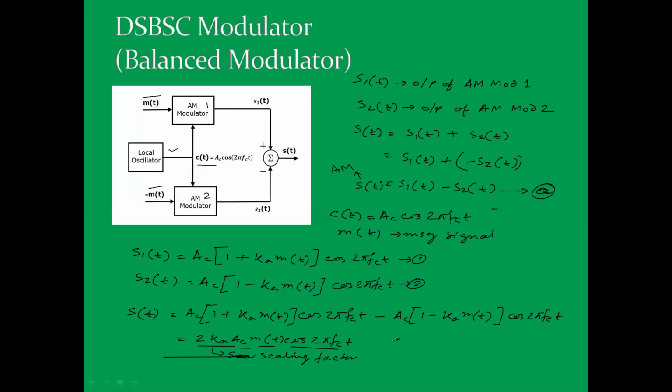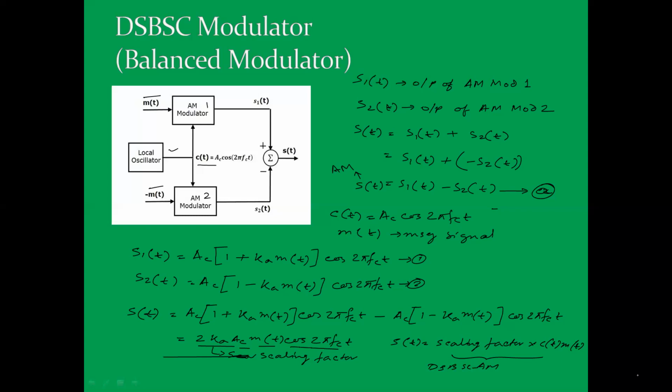So I can write S of T equal to the scaling factor multiplied with C of T and M of T, which is my desired AM DSB SC.